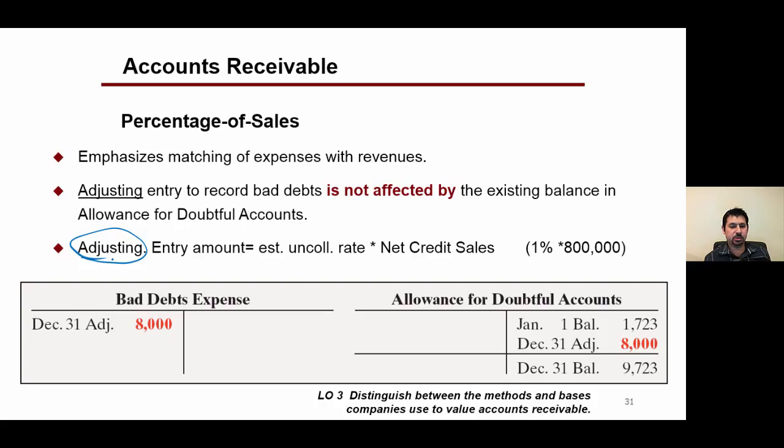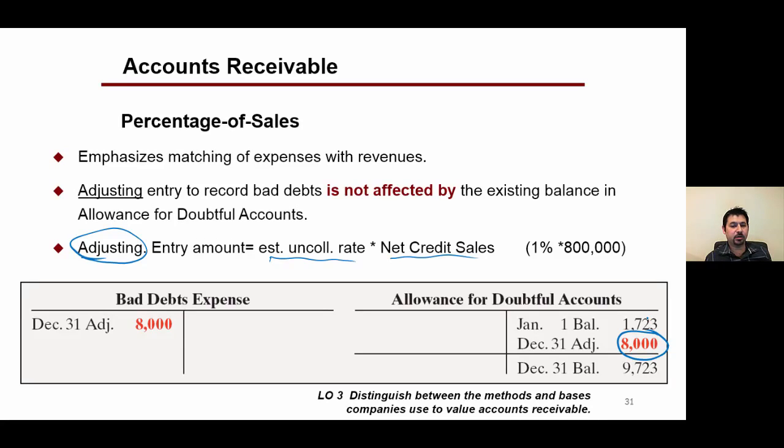It will be the estimated uncollectible rate multiplied by the net credit sales. So this is the adjusting amount. When a company uses percentage of sales, in order to get to the ending balance in allowance for doubtful accounts, it will have to take into consideration and add the previous balance in allowance for doubtful accounts.